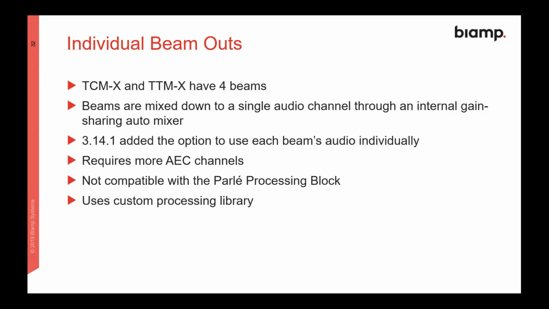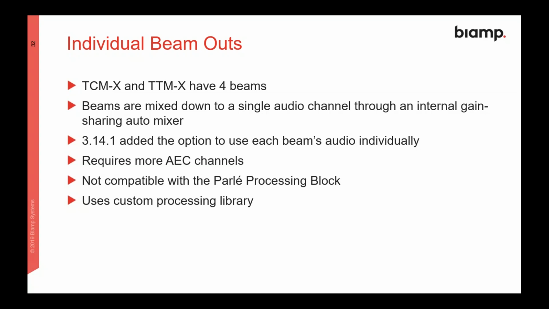So it works great, but there are cases where you may want to use those individual beams. Internally, we have this mixed down to a gain sharing auto mixer built in the microphone. It's not the same gain sharing auto mixer that you would use if you were doing a regular DSP file in Tesira. It's a little different, but for all intents and purposes, it's a gain sharing auto mixer to do that mixing.